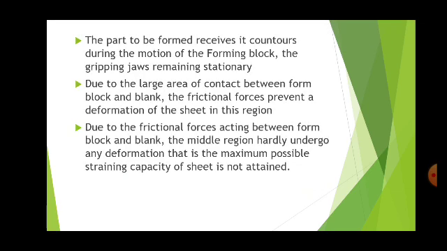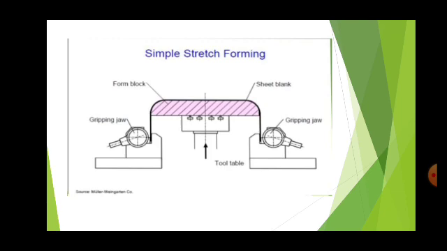The part to be formed receives its contours during the motion of the forming block. The gripping jaws remain stationary. As we understood in this image, the gripping jaws will be stationary, and there will be only the form block moving.